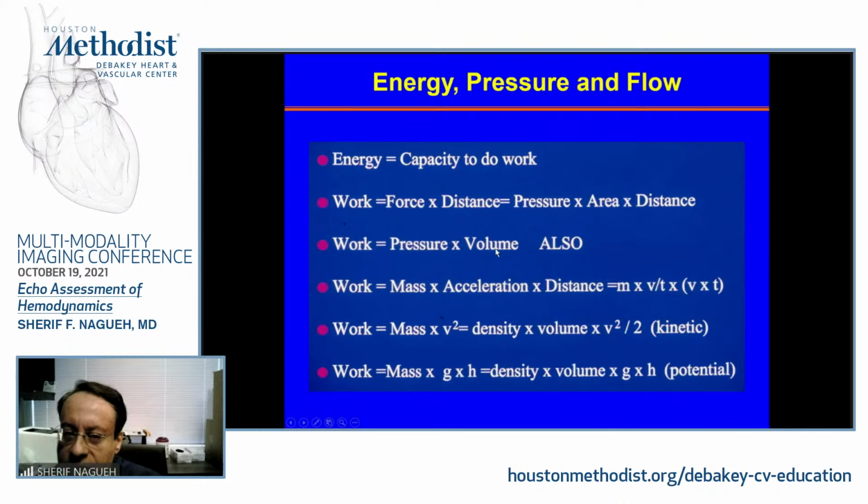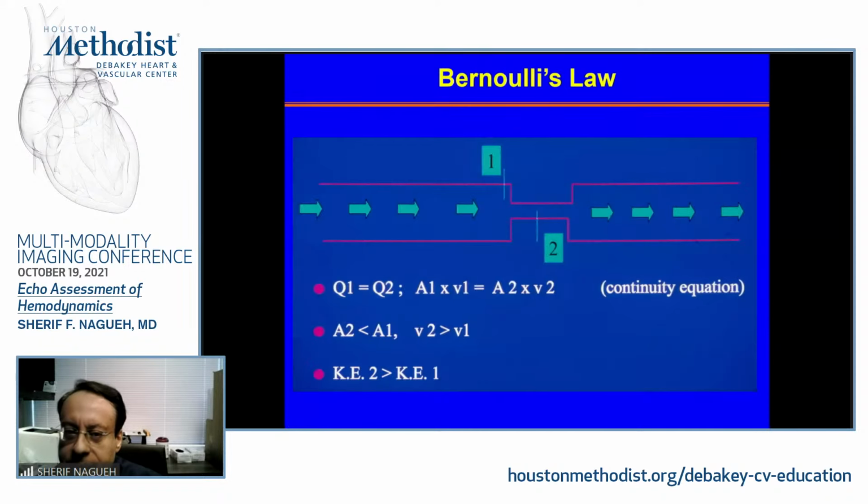So the sum of these, the pressure volume product, the kinetic and potential energy, reflect the energy that is in a system. If we compare flows at these 2 points, point 1 and point 2, point 2 has a smaller cross-section of area.